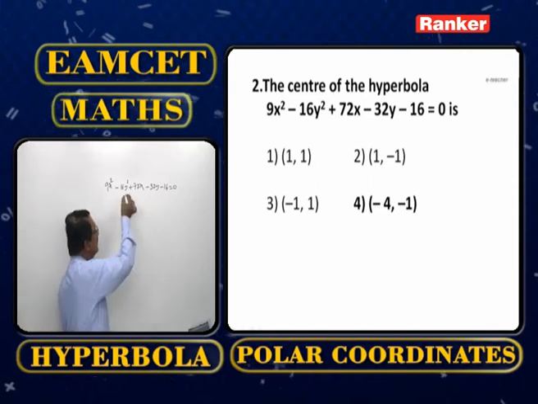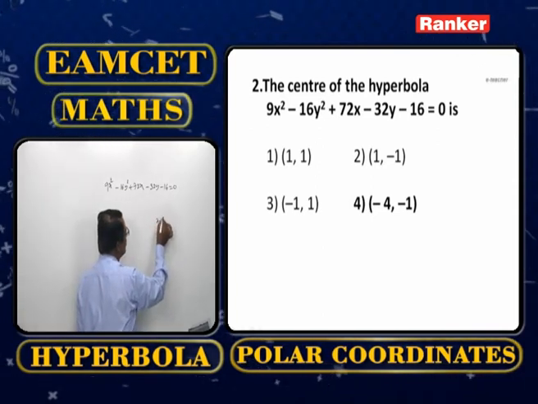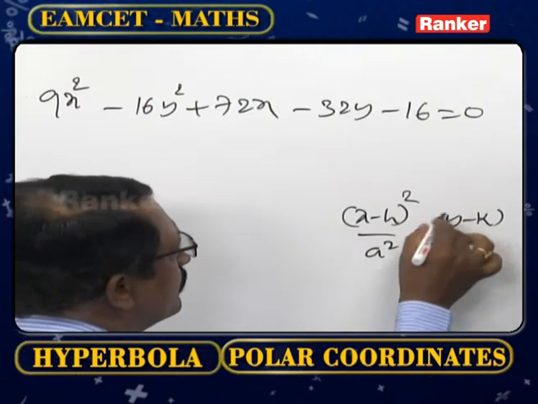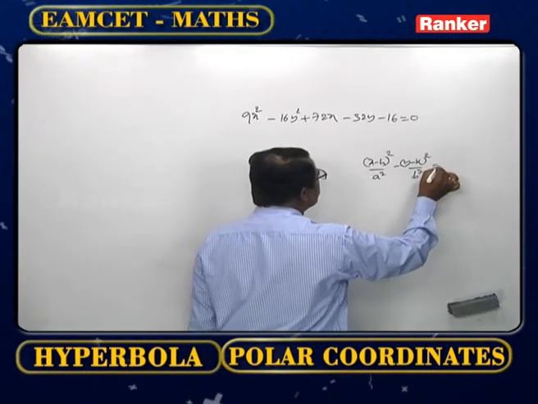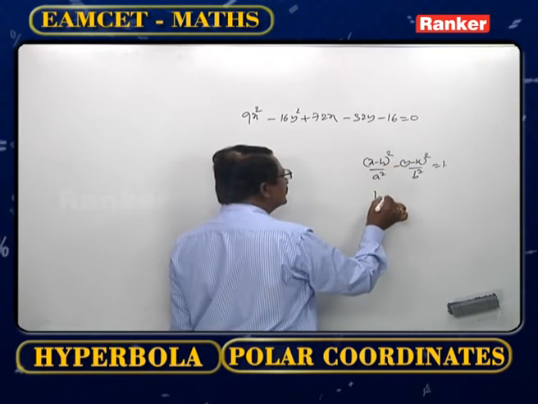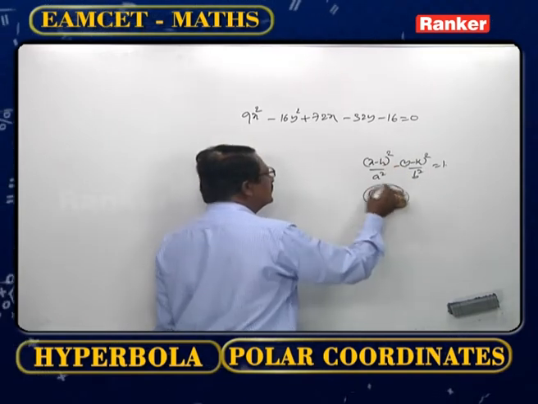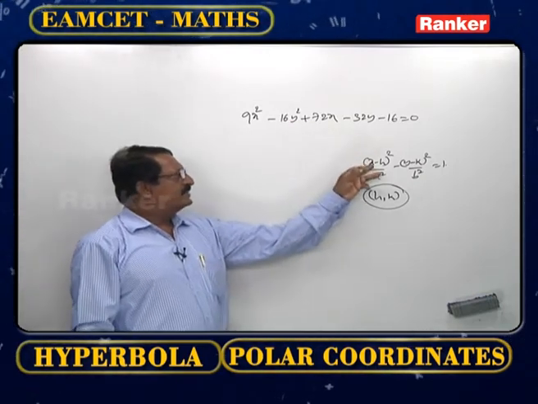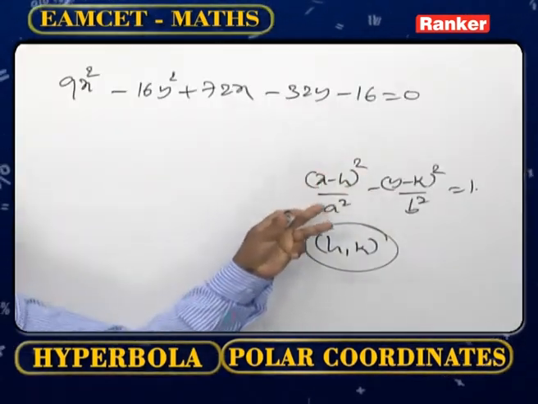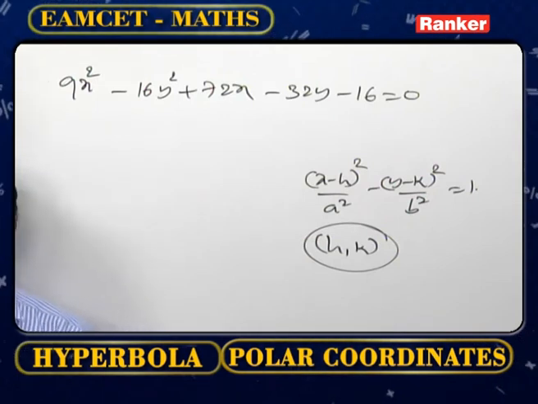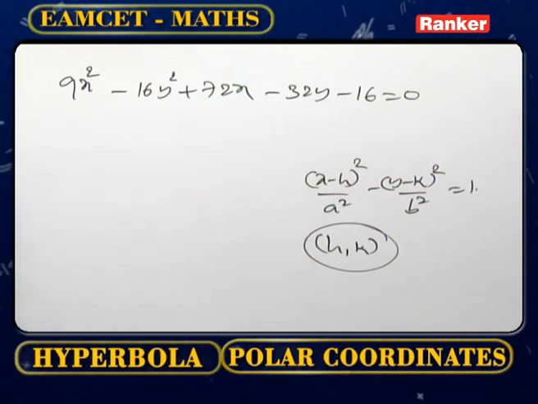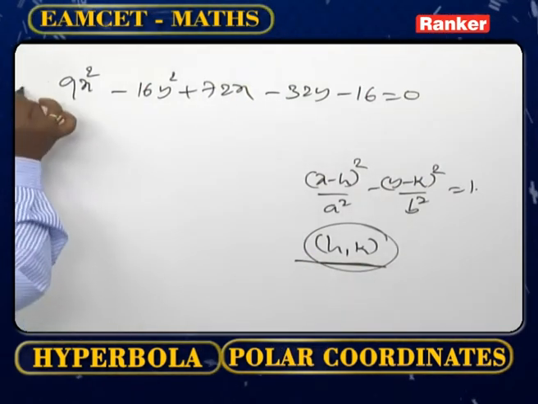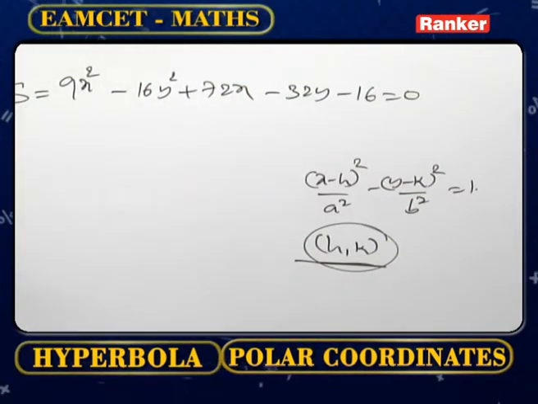If the equation is converted into the form (x minus h) whole square by a square minus (y minus k) whole square by b square equals 1, then (h, k) is the center of the hyperbola. But converting the given equation into that form is a very lengthy process. So, to find the center, consider the given equation of the hyperbola as S equals 0.